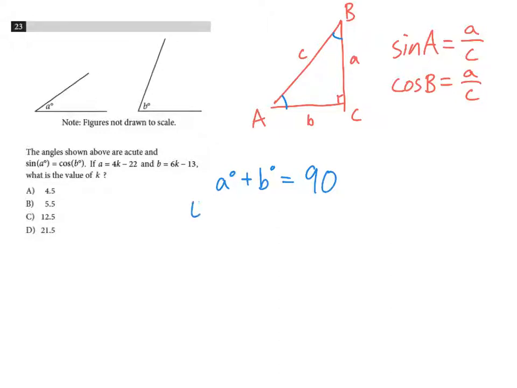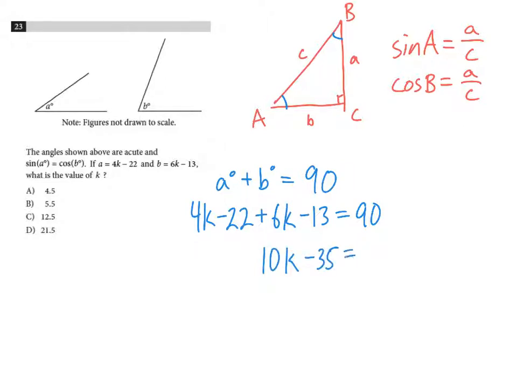A is 4k minus 22. And B is 6k minus 13. Well, we know that's going to add up to 90 degrees. Combine like terms, that's going to be 10k minus 35 equals 90. All right.